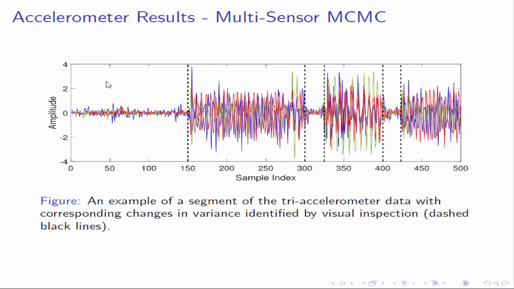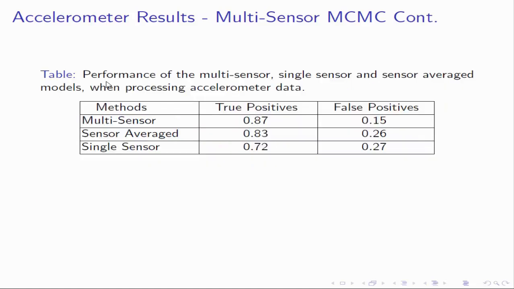So we have a low variance region, high variance region, low variance, high variance, etc. And the results are as follows. The multi-sensor approach has a higher number of true positives and a lower number of false positives with respect to the other methods.